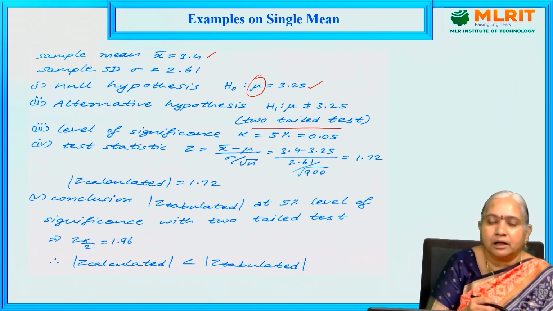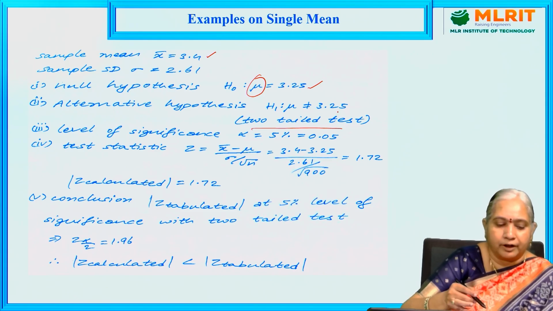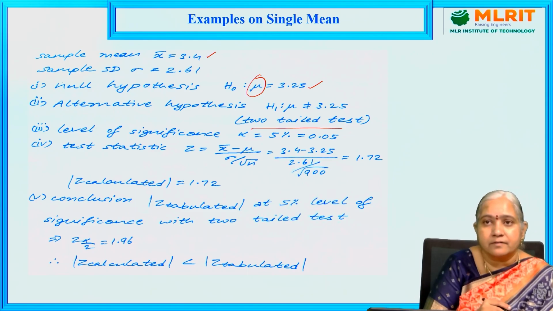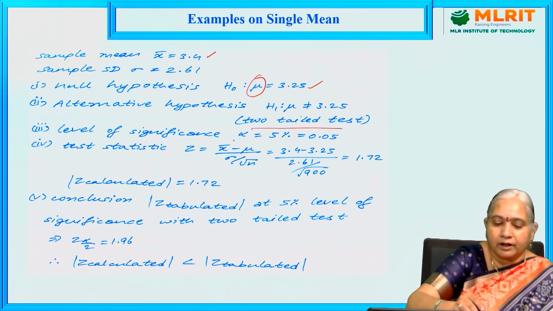And 95% confidence interval means the remaining 5% is the error in our estimation or our claim about the population mean. So alpha equal to 5% is the error.